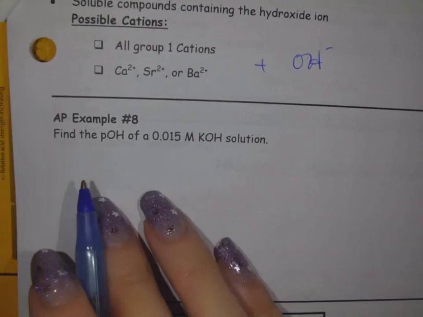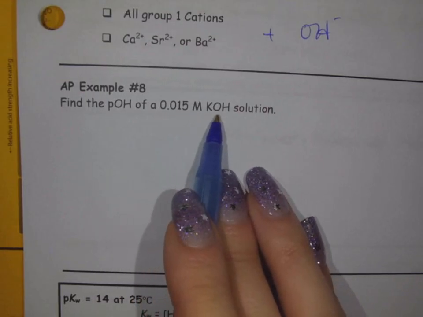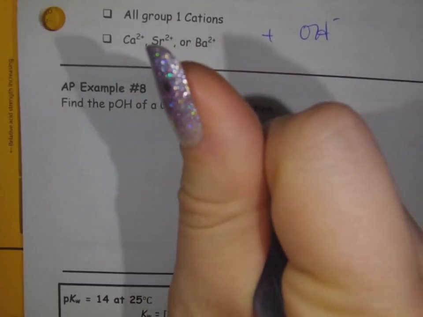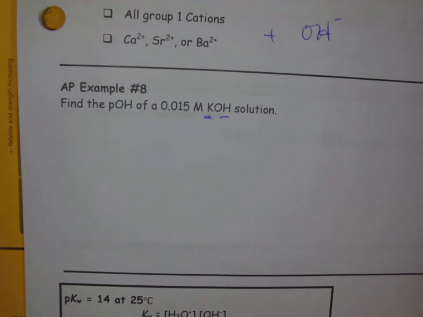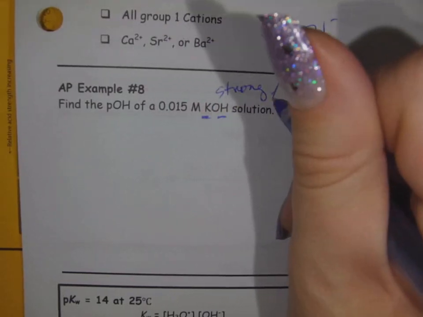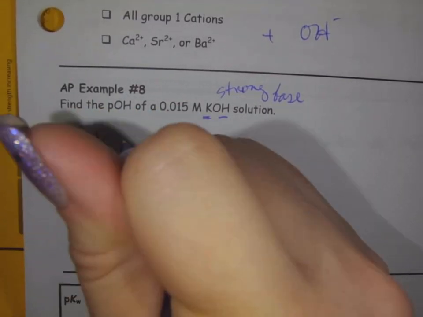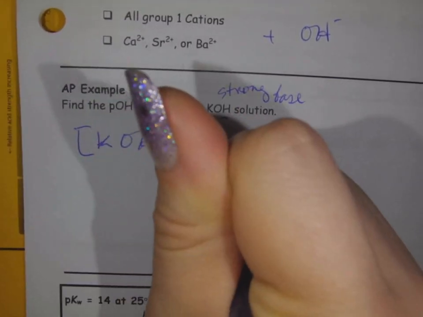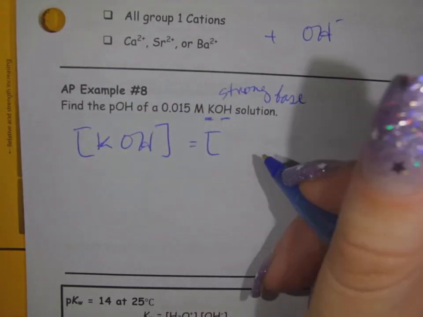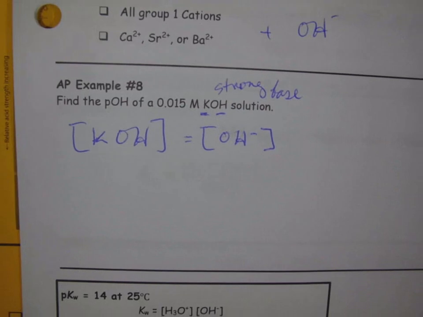So for this first one, find the pOH of 0.015 molar KOH. So I have a group 1 and I have a hydroxide. This is a strong base. Just like our strong acids, whatever the concentration is of that strong base, it's the same. It equals the concentration of the hydroxide.